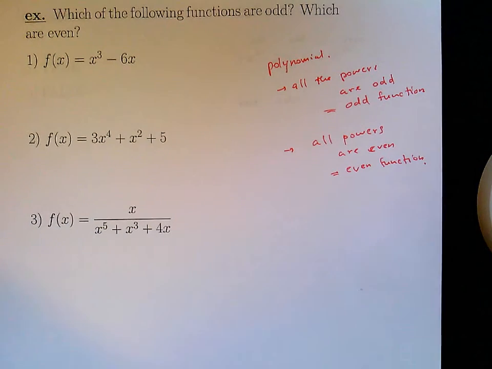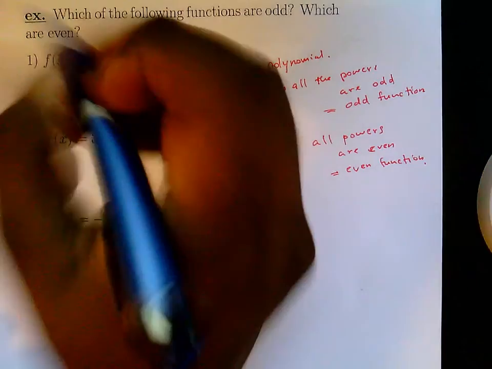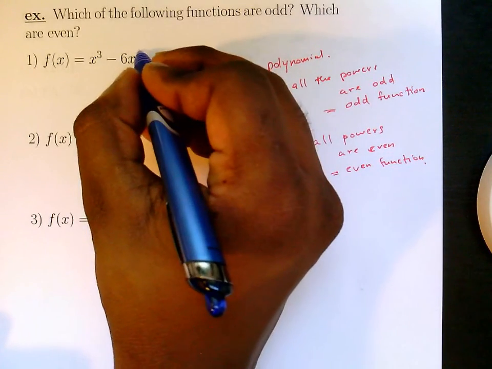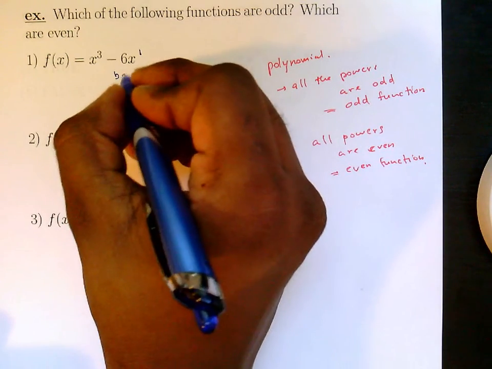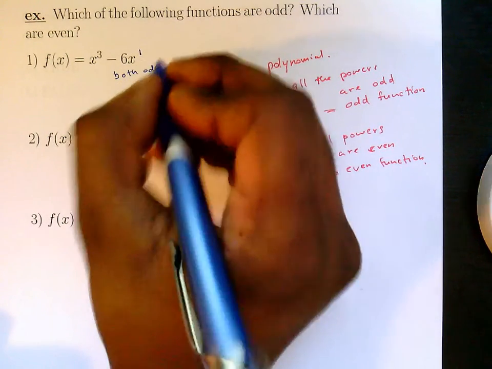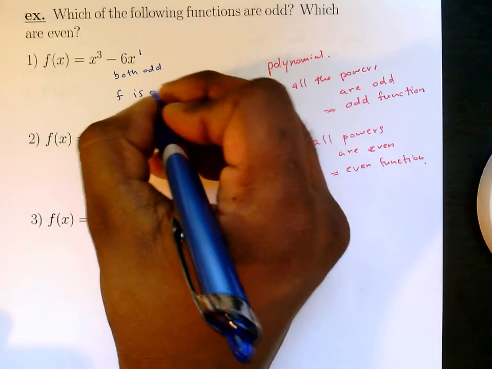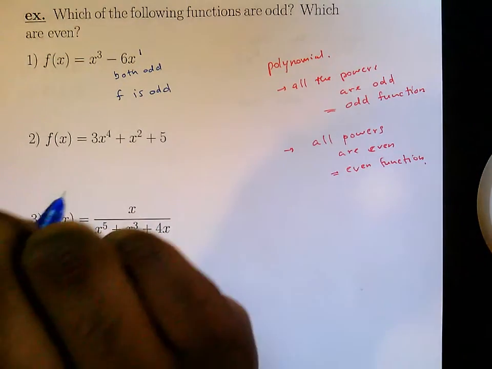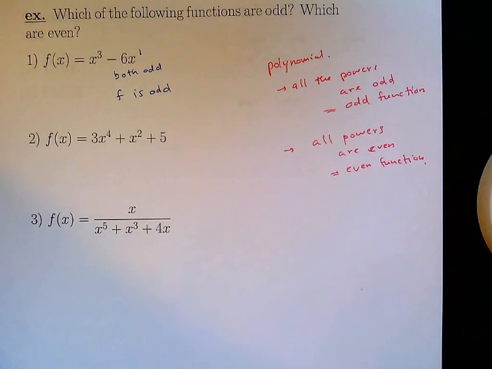Alright, so right here, you can see that x to the power 3 and 6x to the power 1, and both are odd. Therefore, the function is odd. Now, we are not going by the definition, we are just going by a shortcut, and I believe you like the shortcut better.